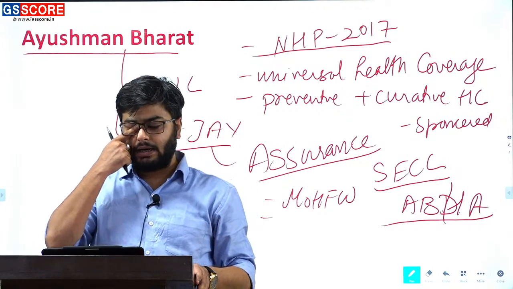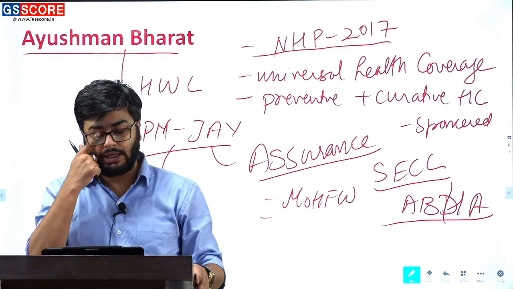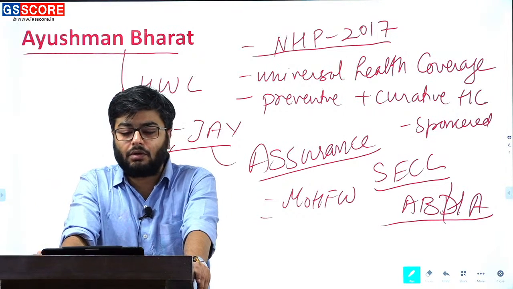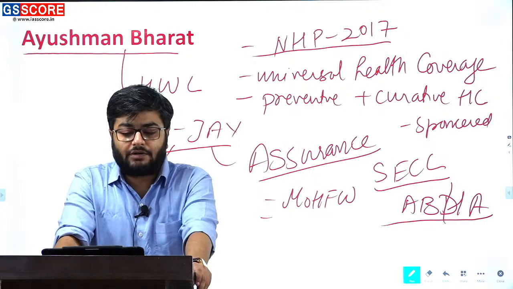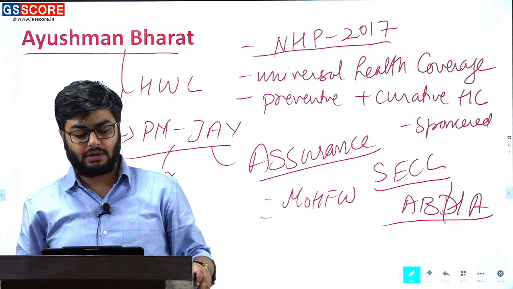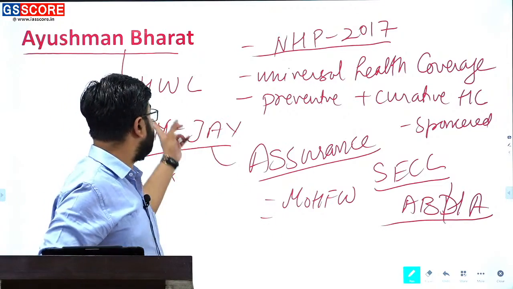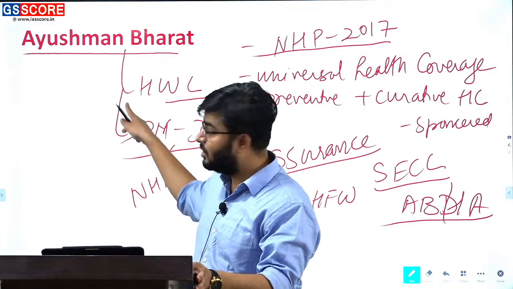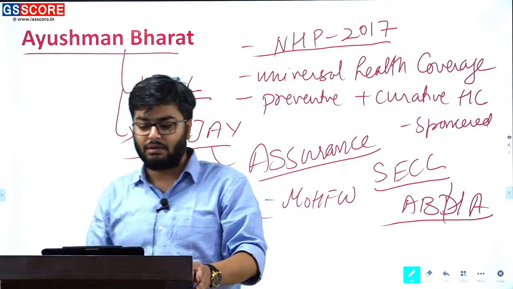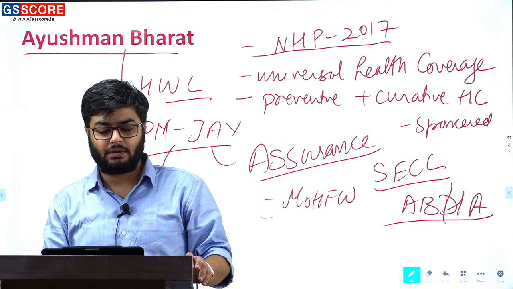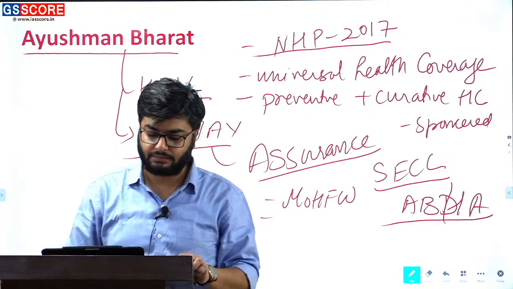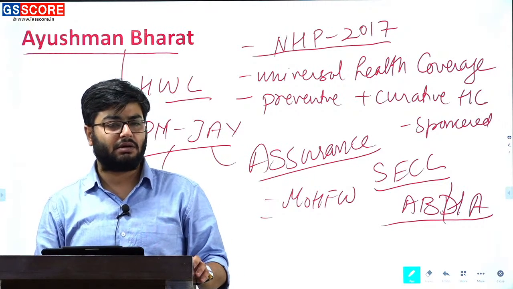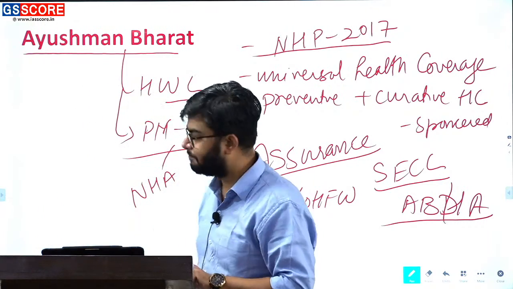Okay, it does not cover the OPD care, where the HWC, Health and Wellness Center, is universal, PMJ is targeted. So there are two fork divisions here. Okay. A PYQ in 2020 did refer to the Pradhanmantri Jan Arogya Yojna.